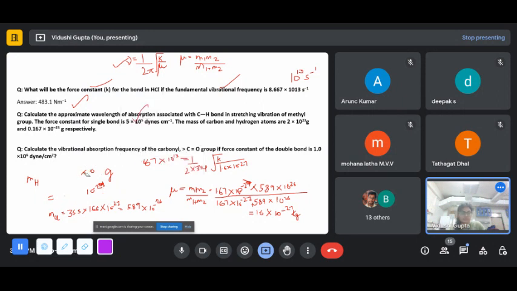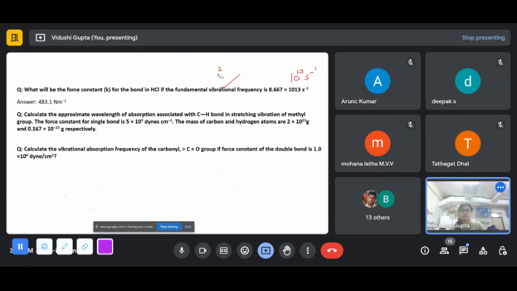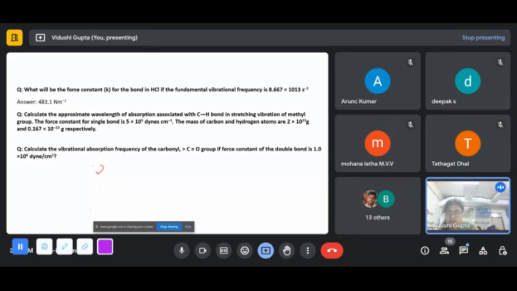First let me erase this. So recite the formula.